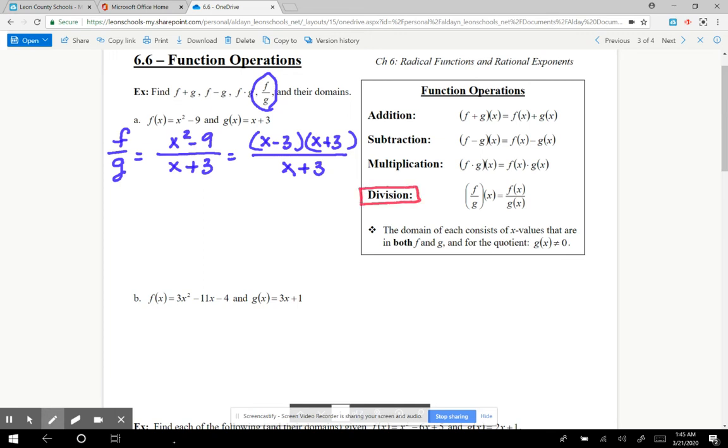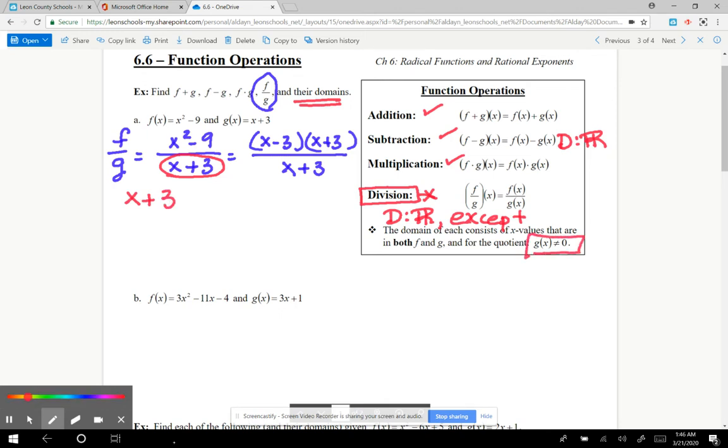When I'm doing division, they ask me for my domains. For addition, subtraction, and multiplication, my domain was going to be all real numbers. But when I get to division, it's going to be different. My domain is going to be all real numbers for this problem, except I have to take the denominator and say that it cannot equal 0.